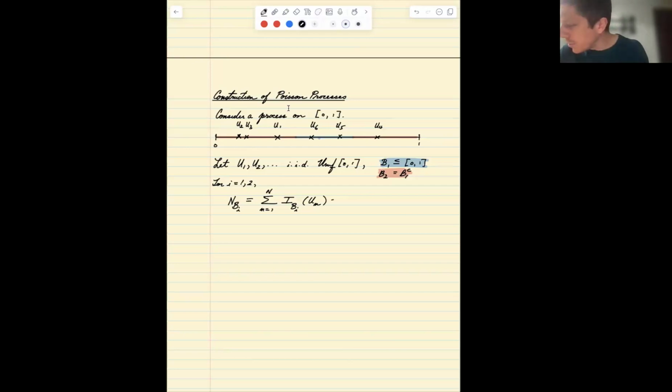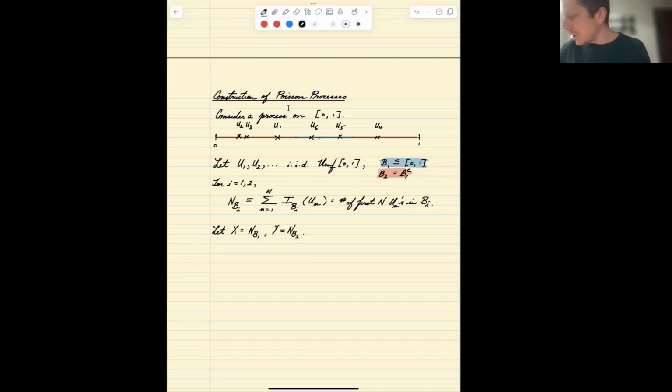So this is the number of the first N U's that happen to fall in B sub i. Let's define now X to be N sub B1, Y to be N sub B2.